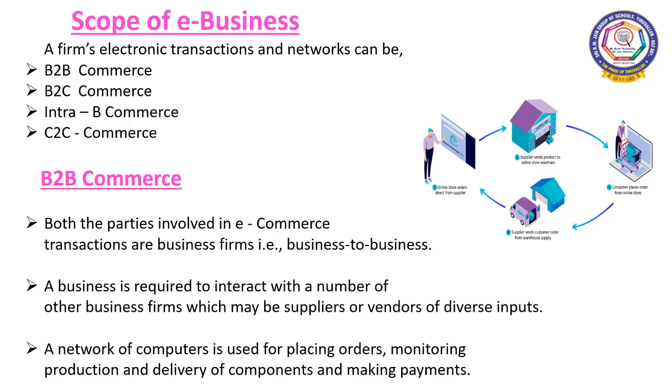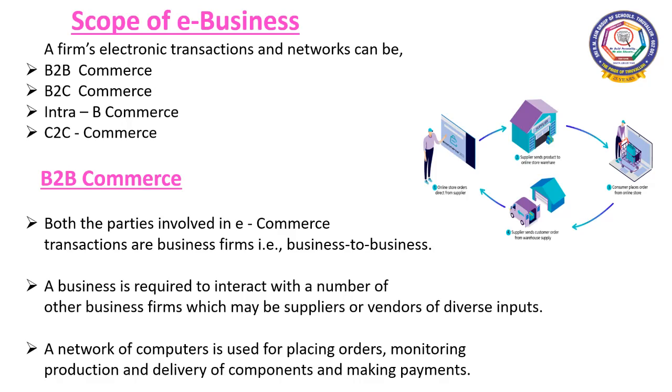From both the ends, there are business firms. And B2C, that is on the one hand business, on the other hand customers. Then intra-B commerce means within the organization, electronic transactions or networks are used within the firm. Then C2C means between customer to customer. Both the ends, customers are there.